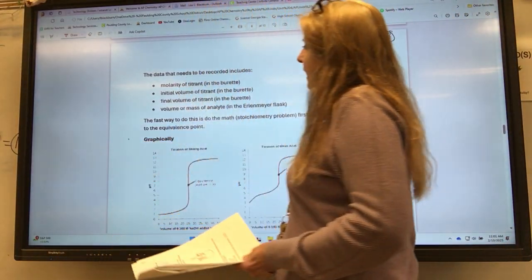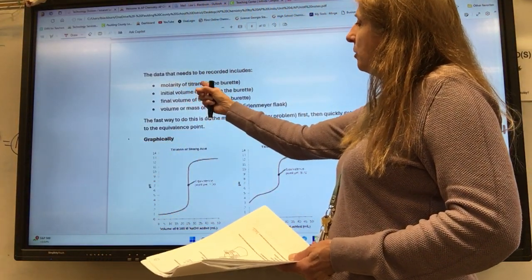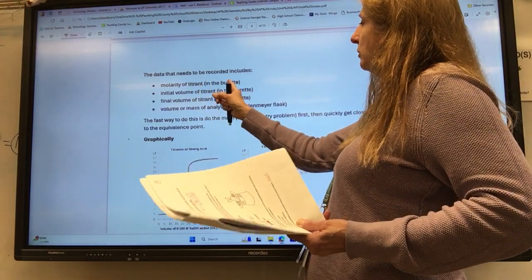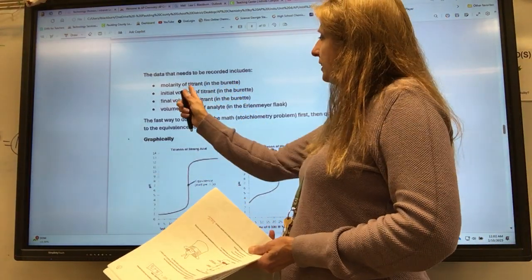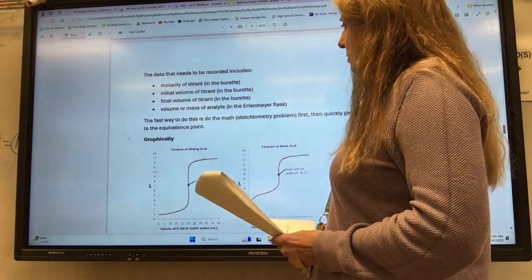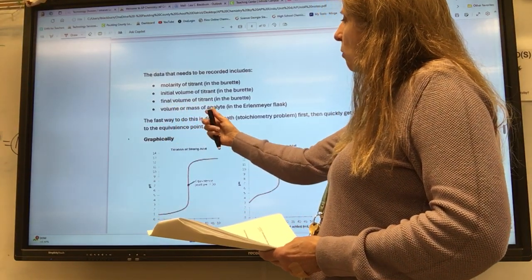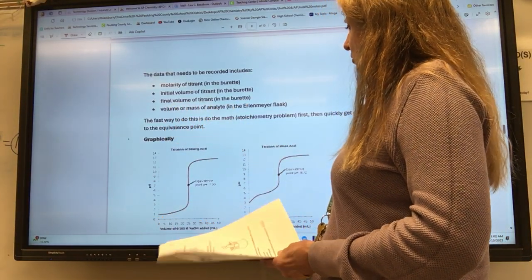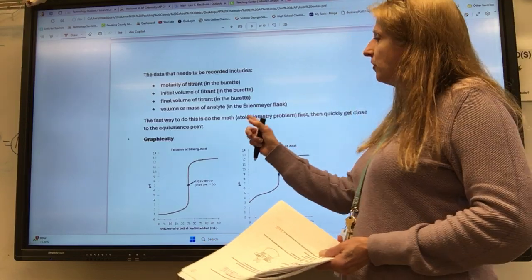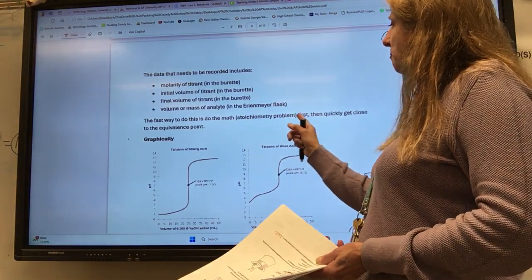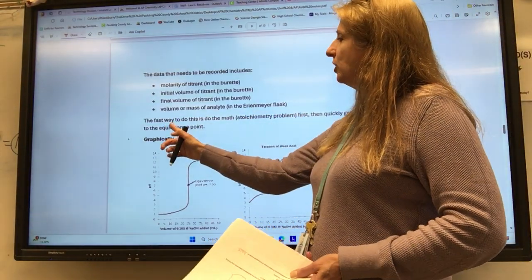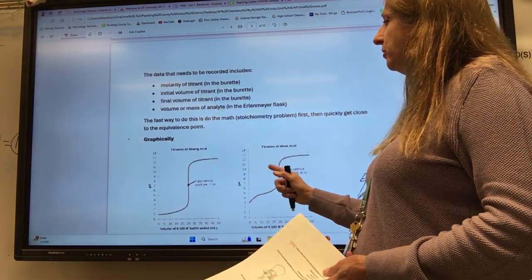So what you write down is the molarity of your known, which is in the burette, the initial volume and the final volume in the burette, and then either the volume or the mass of what goes in the Erlenmeyer flask. The fastest way is to do the math so you know what the answer is going to be before you do it.